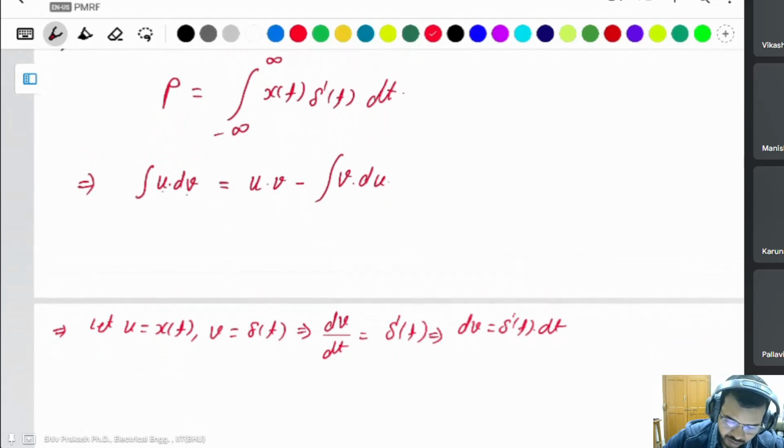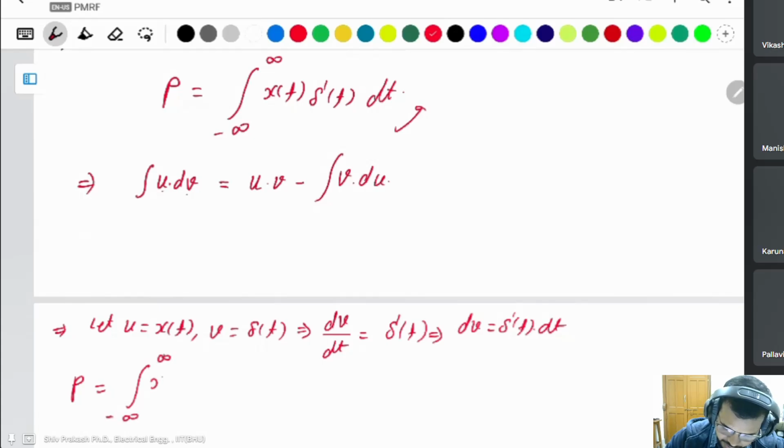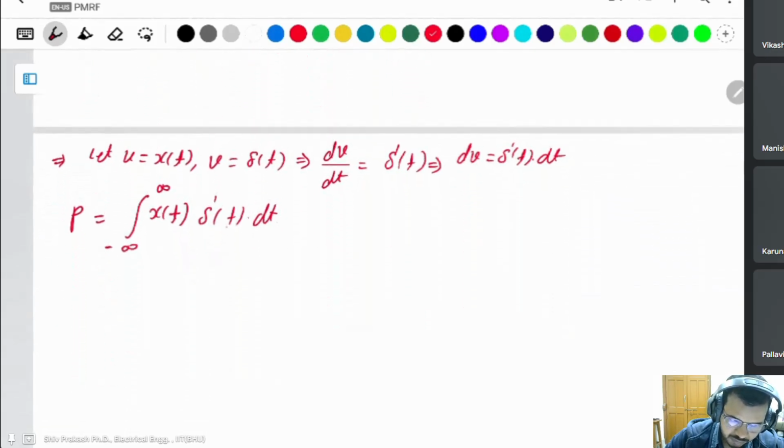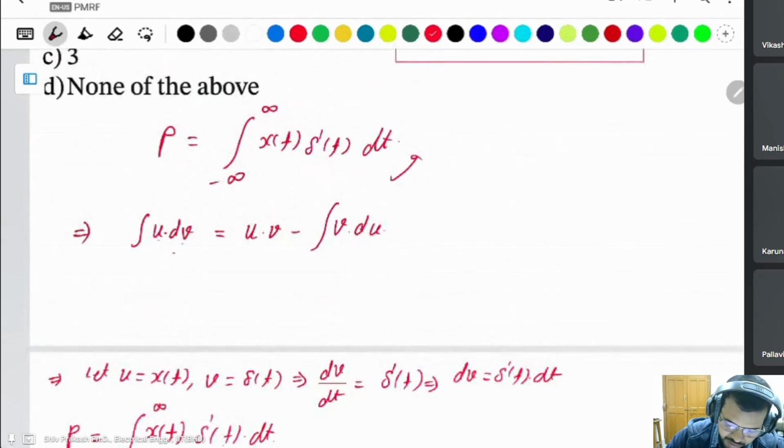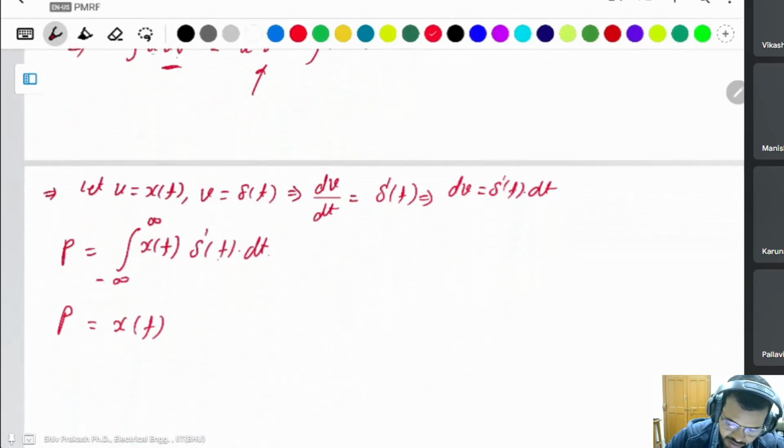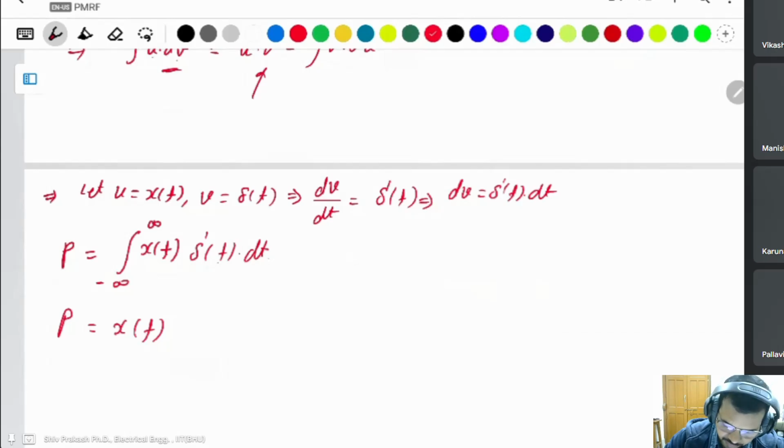Let's integrate this one: the integration from minus infinity to infinity of x(t) del dot t into dt. First x(t), the first signal, times the second integration of del t, which is del t only, but this is a limit integration, so this is del t from minus infinity to infinity.